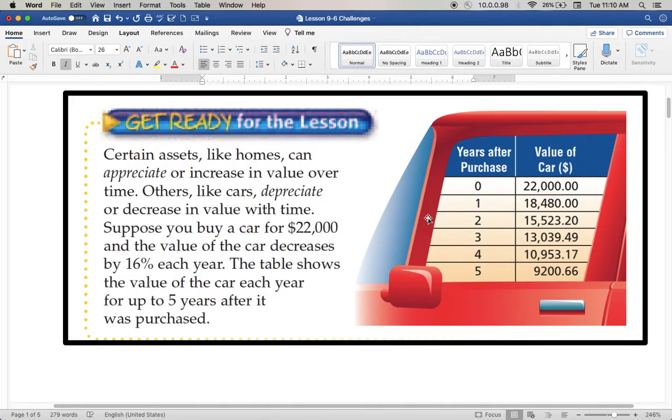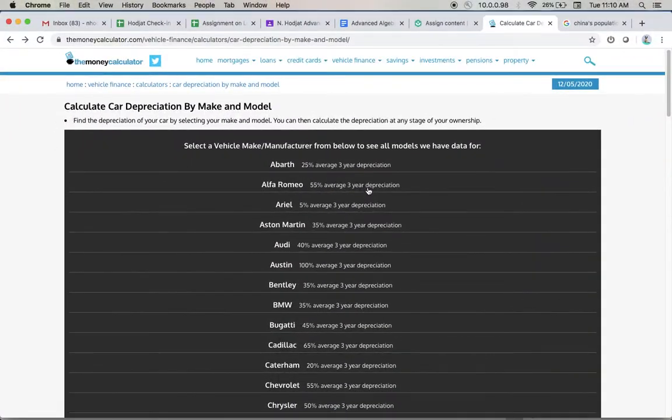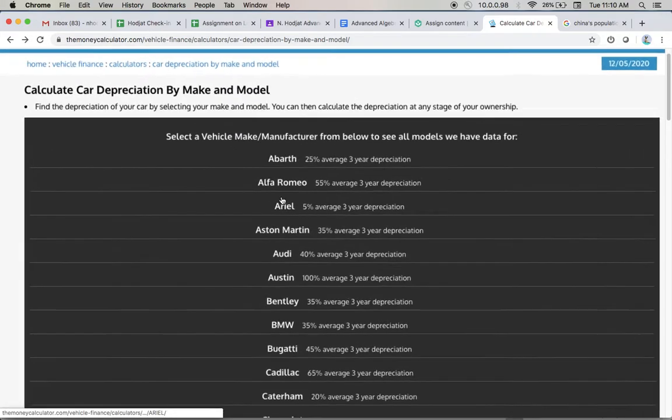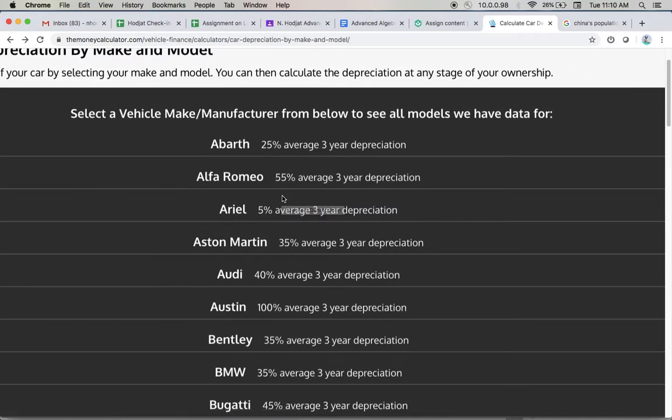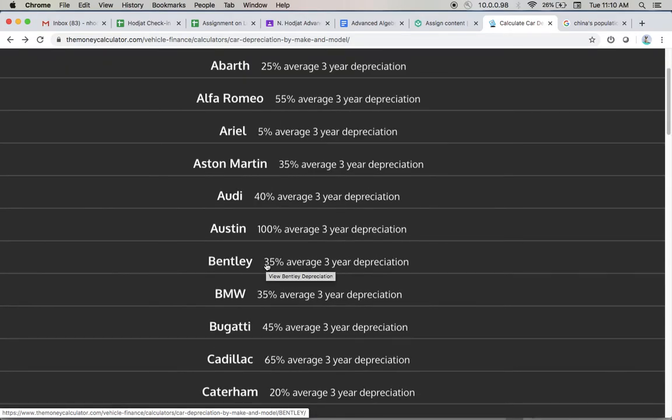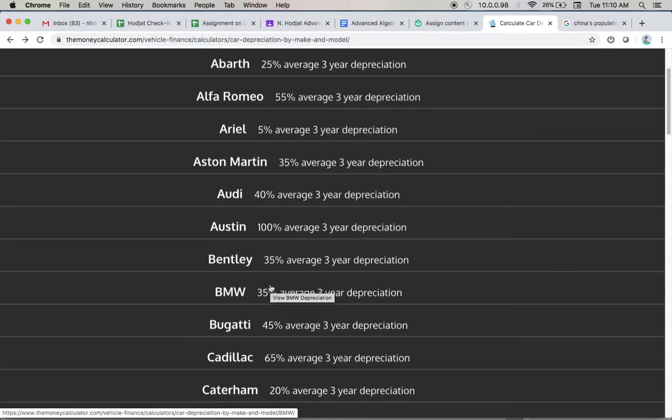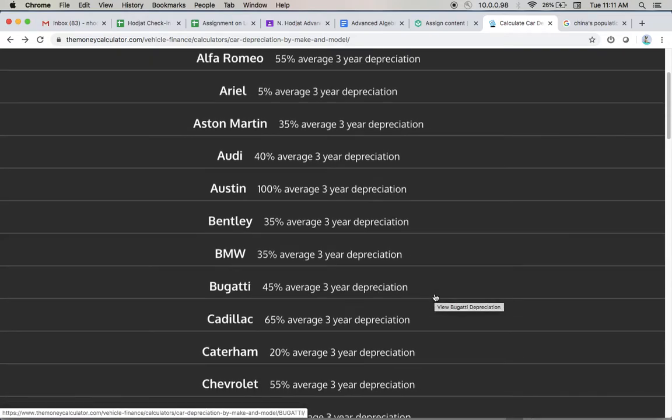Just to ground this a little more in reality, if you do an internet search on car depreciation, there are known values for different cars. If you buy, for instance, an Audi, a relatively expensive luxury car, on average, it will depreciate by about 40% over the course of 3 years. BMWs lose about 35% of their value over time. Both of those are considered luxury vehicles.